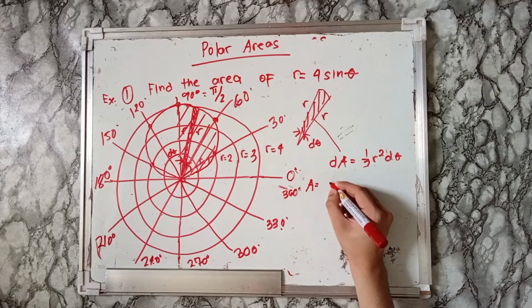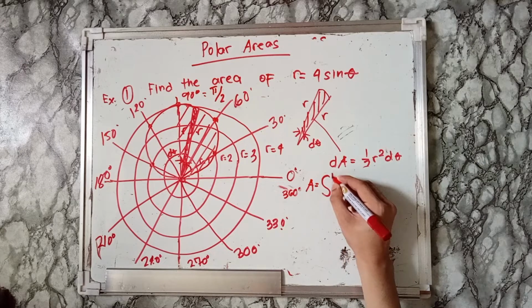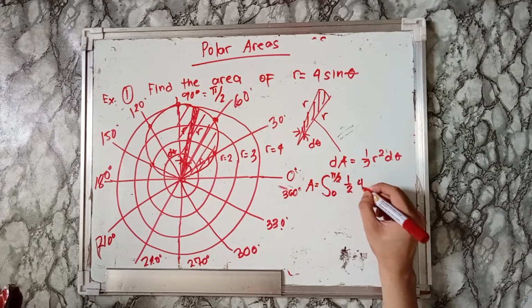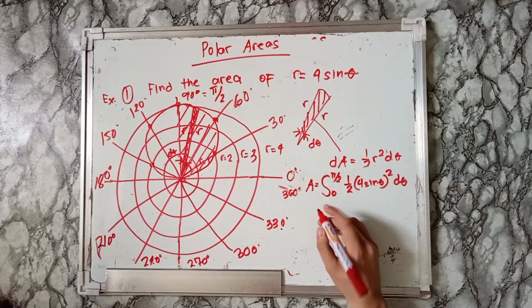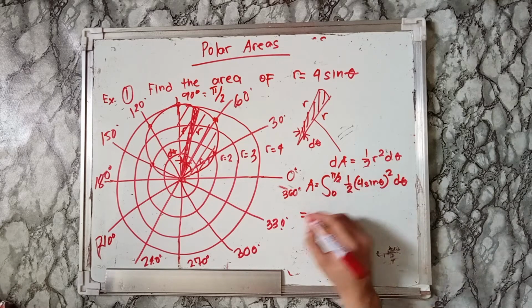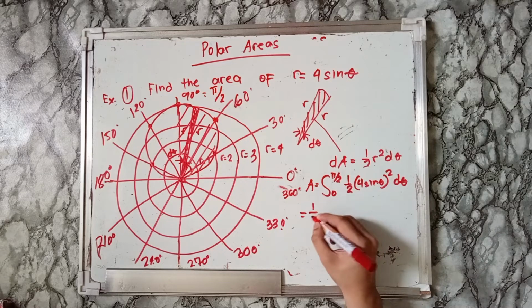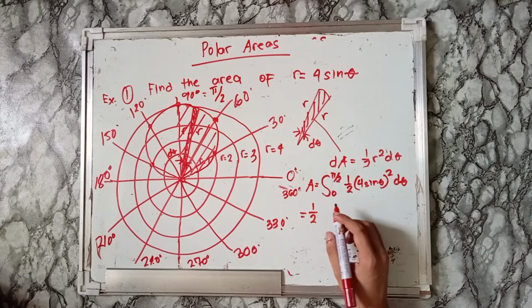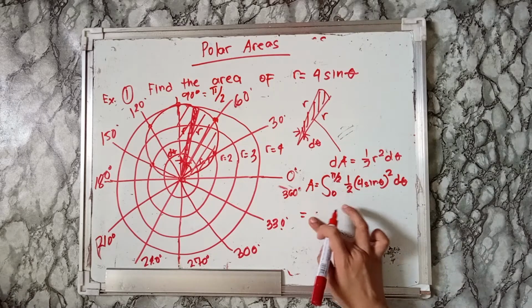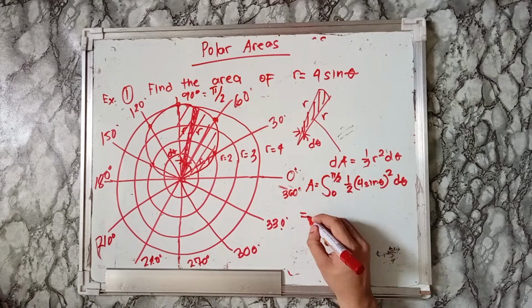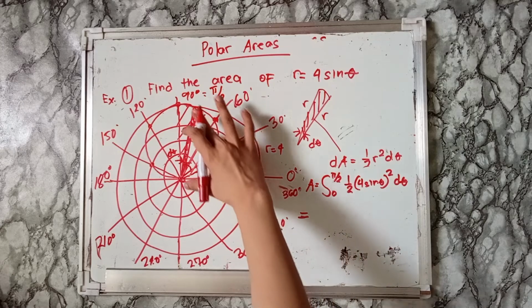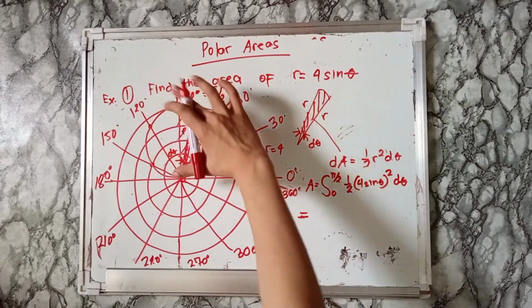So area is just the integral from 0 to pi over 2 of 1/2 (4 sine theta) squared d theta, right? Now if we put the 1/2 outside of the integral, you need to know something: this is just a part of the circle.